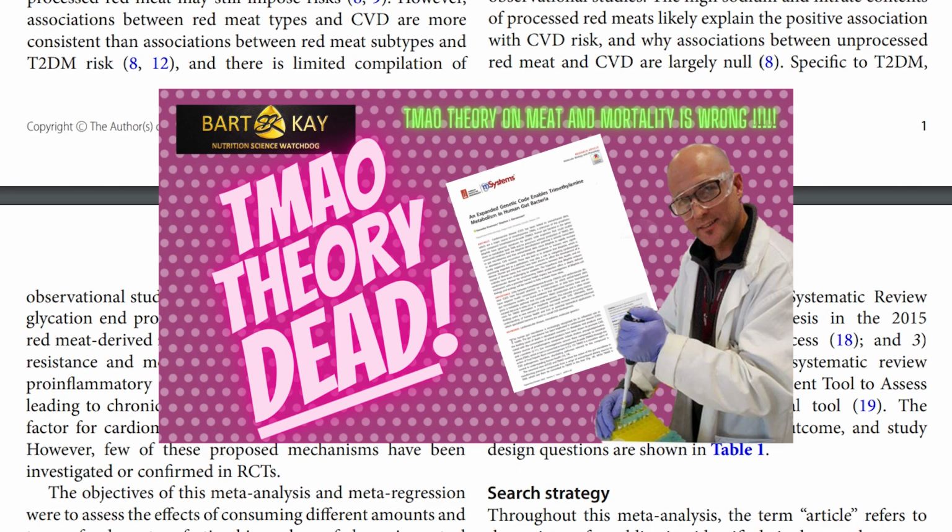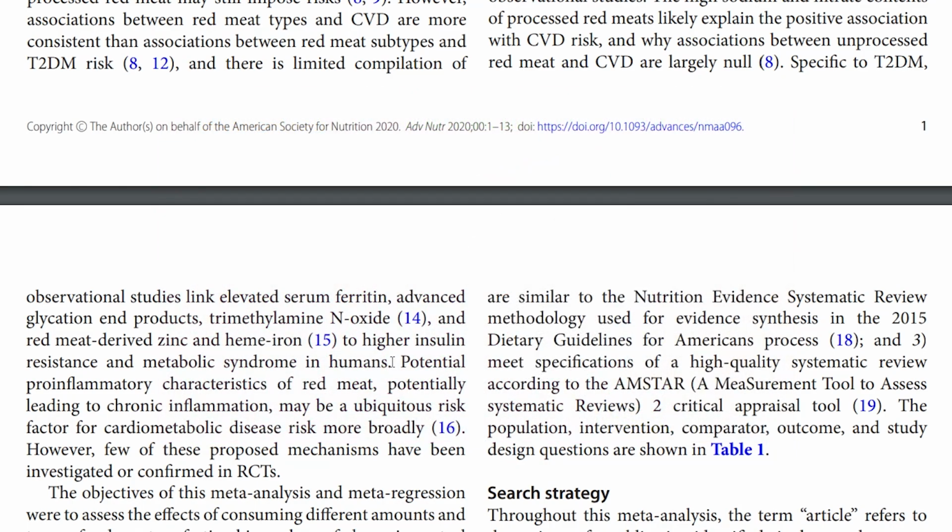I will remake that video in a format appropriate to this channel, and I will post that video in the days to come. In short, the TMAO argument does not work. It is nonsense. It is a reductionist idea that when you look at what actually goes on, you find that the TMAO problem is only theoretical and not actual. The same really applies to zinc and iron derived from meat.